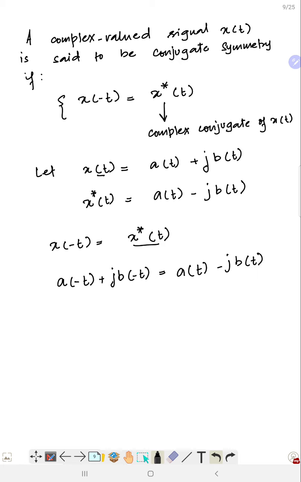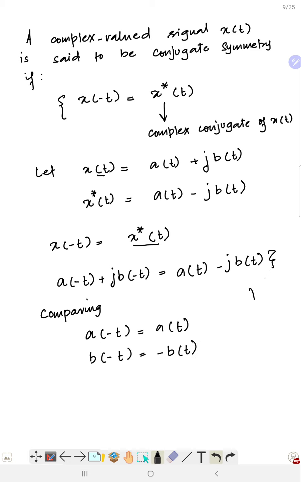Right? And if you compare real and imaginary parts, after comparing the left hand side and the right hand side, you will have a of minus t equal to a of t, and b of minus t equal to minus b of t. If this is true, then this follows.